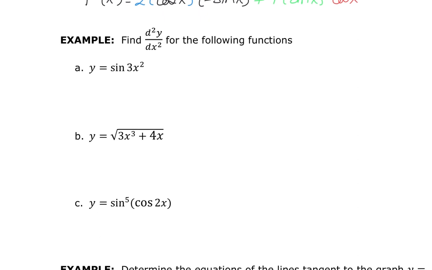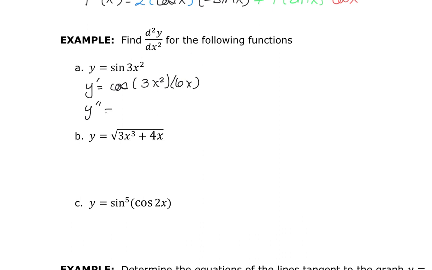If we can do first derivatives, we can absolutely do second derivatives with the chain rule. So y is equal to sine of 3x squared. My outer function is sine, so the derivative of the outer function is the cosine of my angle 3x squared, multiplied by the derivative of my angle. My angle is 3x squared, so its derivative would be 6x. This is y prime.